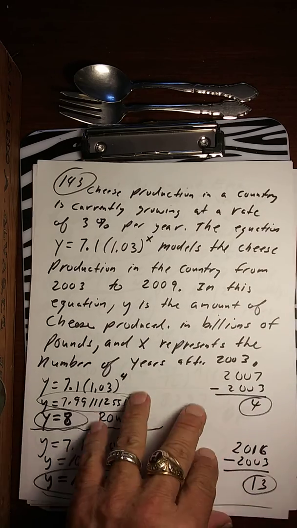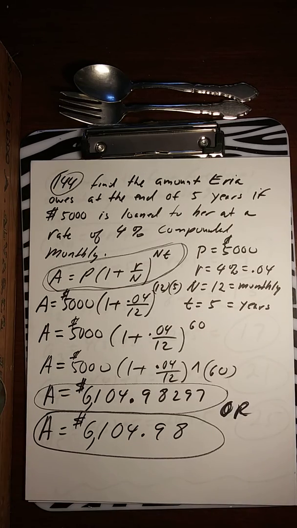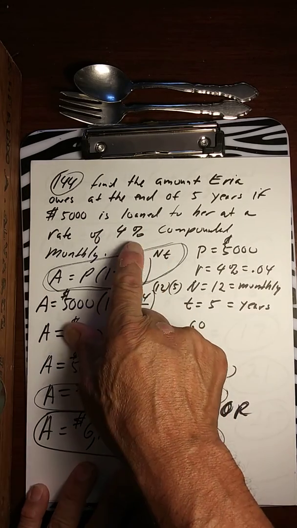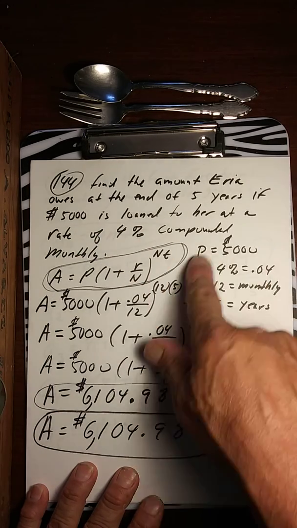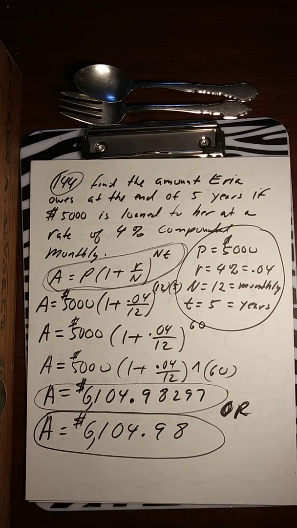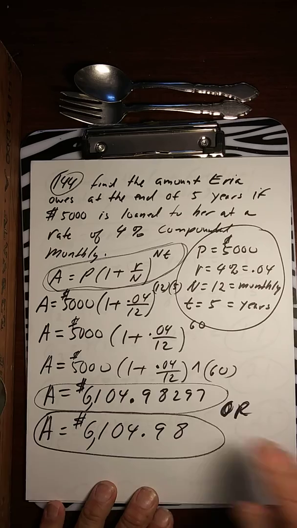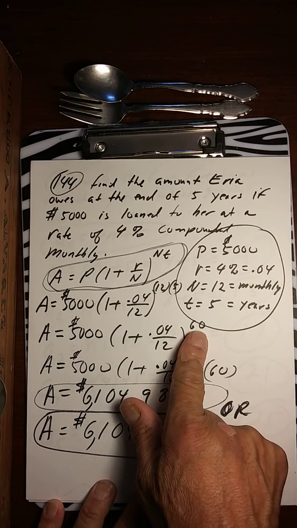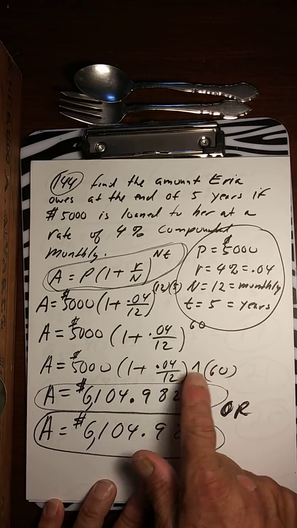Find the amount Erica owes at the end of 5 years if she has a $5,000 loan at 4% compounded monthly. Here are the numbers. Now we're going to put all these numbers in that formula. 5 times 12 is 60, so this number to the power of 60.